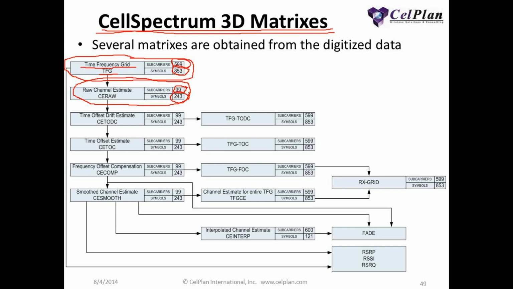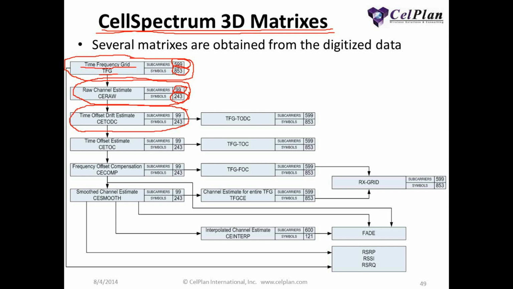The first adjustment is the time offset drift, because even if we adjust the start of a frame, since the clocks are different, we start drifting along the frame, and after the middle of the frame you will already start getting errors. So we have to do an offset drift estimate and adjust this for every single frame, trying to align both clocks.